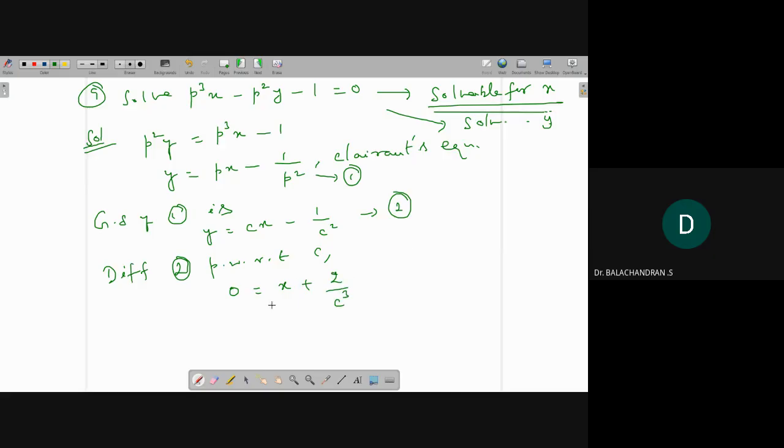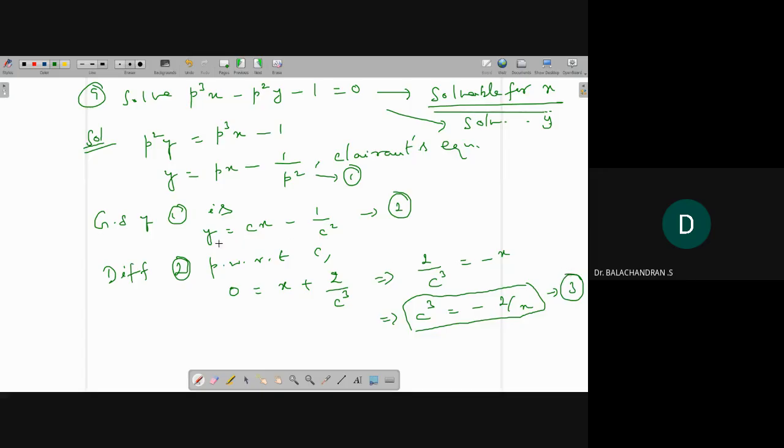So this implies 2 by c cube equal to minus x, or c cube equal to minus 2 by x. C cube equal to minus 2 by x. So I'll take this as 3.